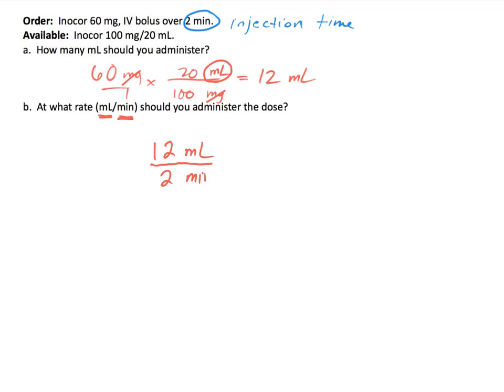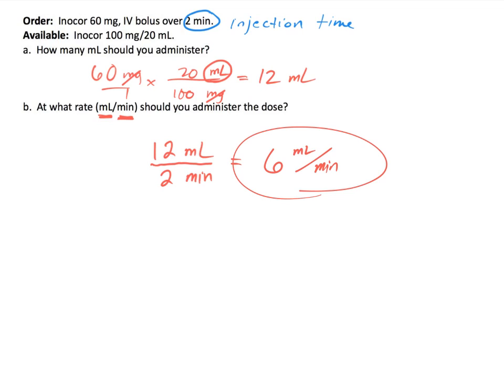So this is similar to how we calculated unit rates when we were doing our first IV calculations, and we were asked, 500 milliliters needs to be infused over 4 hours. We just looked at the quotient, 500 divided by 4. The same thing is true for this. 12 milliliters over 2 minutes. When you divide 12 by 2, you get 6. So this is 6 milliliters every minute.